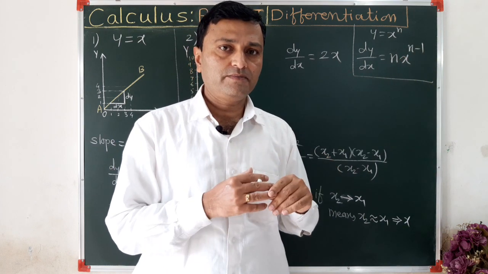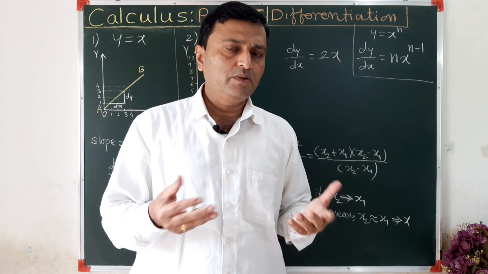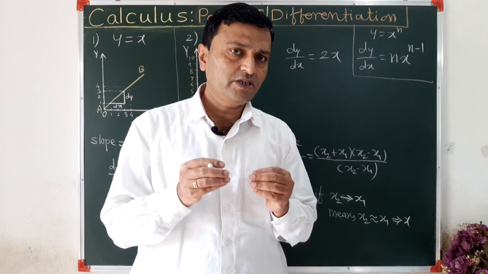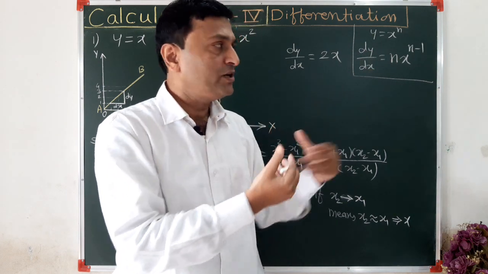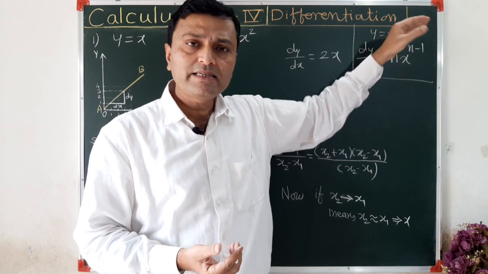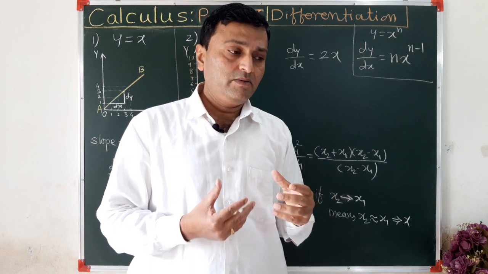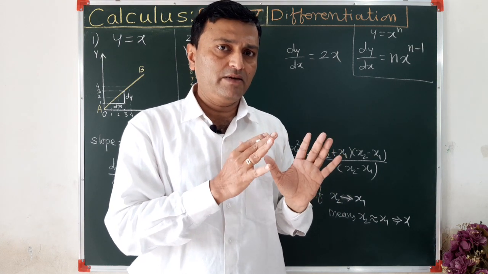This is the formula. If you accept that formula, no problem, you can solve any problem. But the question is why it happens: why does the n shift to this side, and why is there a subtraction of 1 from that n? How can we believe this is the correct way?